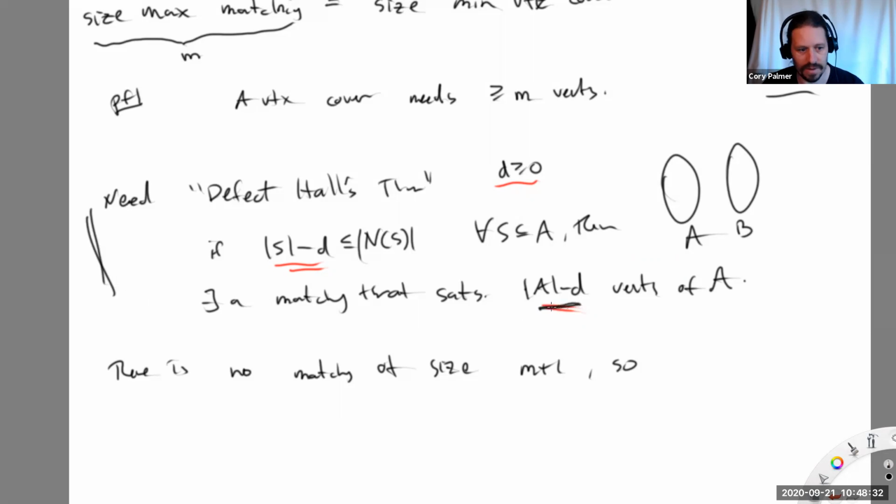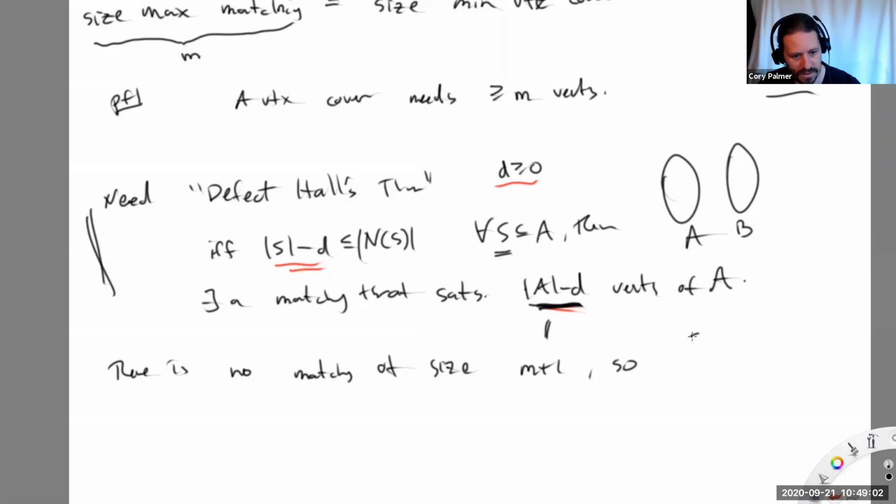I'm going to say "if and only if" first here. Grammatically, this is monstrous, but anyway, these two are equivalent to each other. So if you don't have a matching of this size, it means that there exists a set S that fails this property. Just like in Hall's, if you don't have a matching that saturates A, then there's a bad set S. And that's the same thing here, okay?